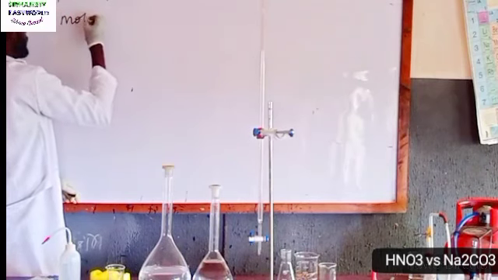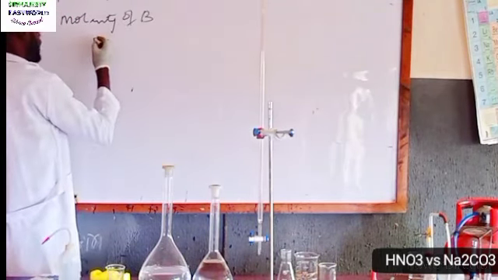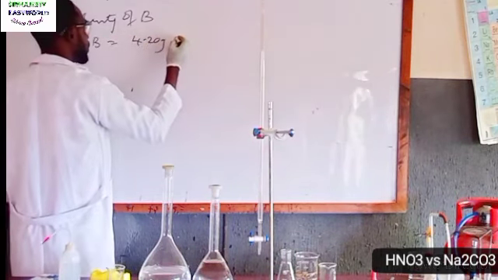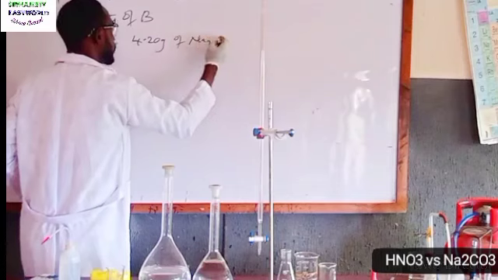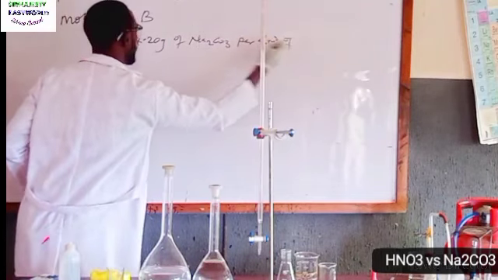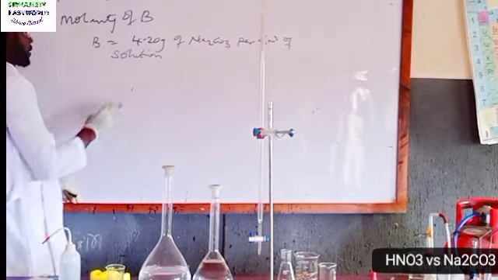Now let us solve for the molarity of B. The information about B says that B should contain 4.20 grams of Na2CO3 per dm cube of solution. So this information is enough to find the molarity.